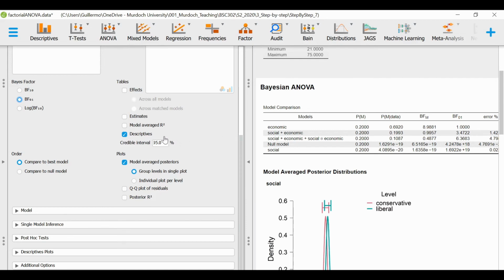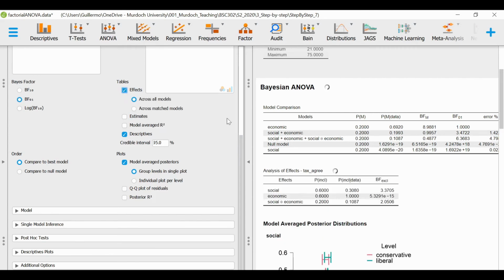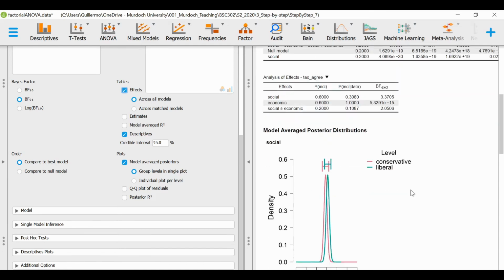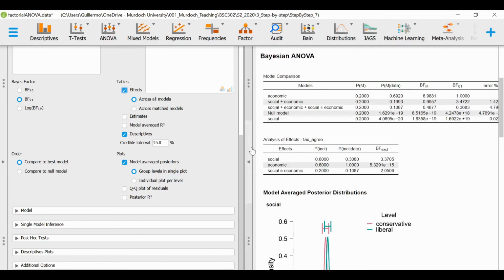Okay, so now we can see the effects. With the table of effects, as I explained in the one-way ANOVA, it compares the variable social.